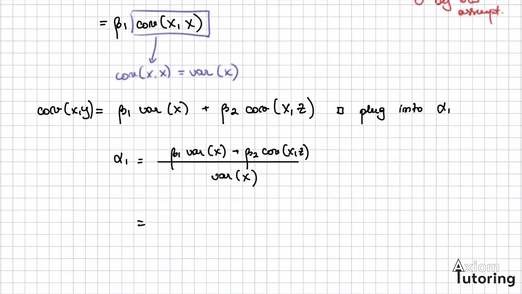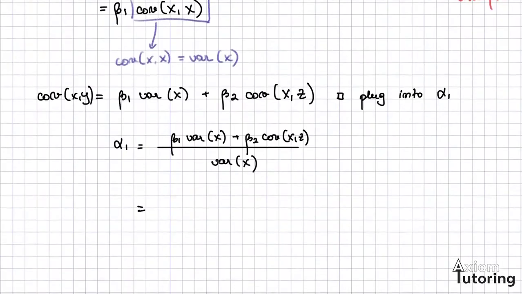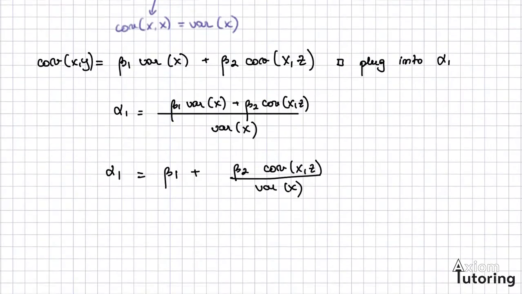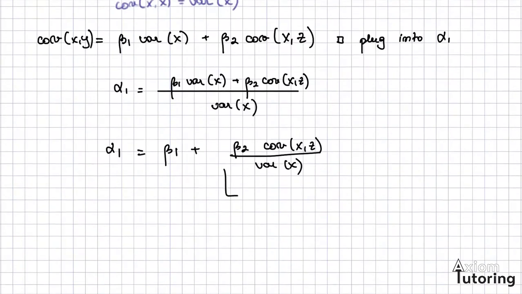If we further work this fraction, we'll find that this is beta 1 plus beta 2 covariance of x and z divided by the variance of x. So as you can see, what we get as alpha 1 is beta 1 plus something. And this something that you are seeing in here, this is exactly your bias.